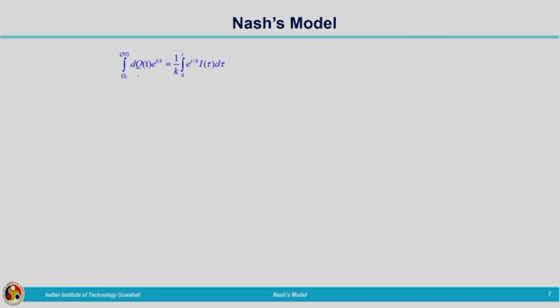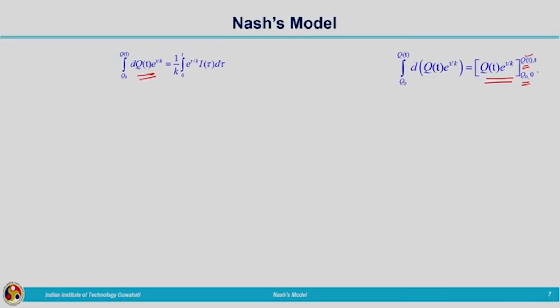Consider the left hand side, integral Q naught to Q of t d of Q of t e raised to t by K. When we integrate that, it will take the form of Q of t e raised to t by K. The limits vary from Q naught to Q of t. At time t equal to 0, Q is Q naught, and at time t equal to t, it is represented by Q of t. So, that is what is written over here.